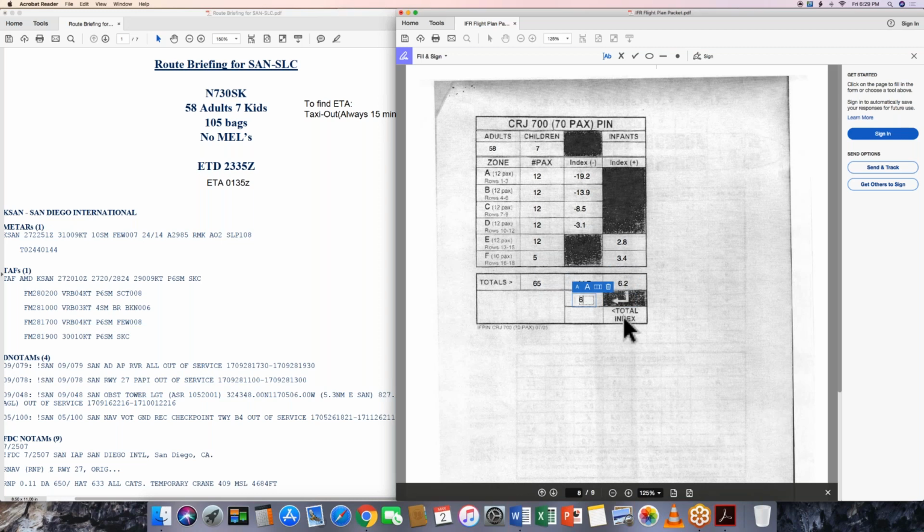Okay, we'll move our 6.2 here. And then we'll do our total. 38.5. So negative 38.5. Correct? Do we all concur, Doctor? Yes. Okay, negative 38.5 is our index for our passengers.